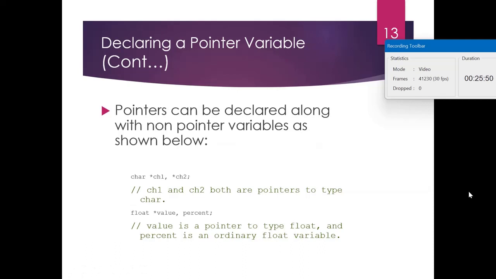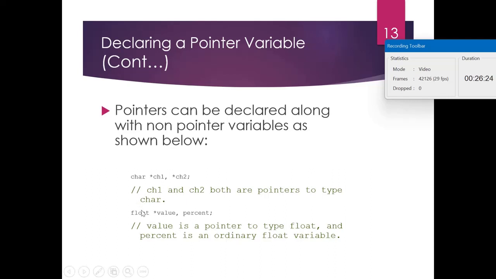Pointers can be declared along with non-pointer variables as shown below. Here you can see char pointer ch1 and ch2. That means ch1 and ch2 are both pointers to the type char. Float pointer value and percent: value is a pointer to a type float and percent is an ordinary float variable.